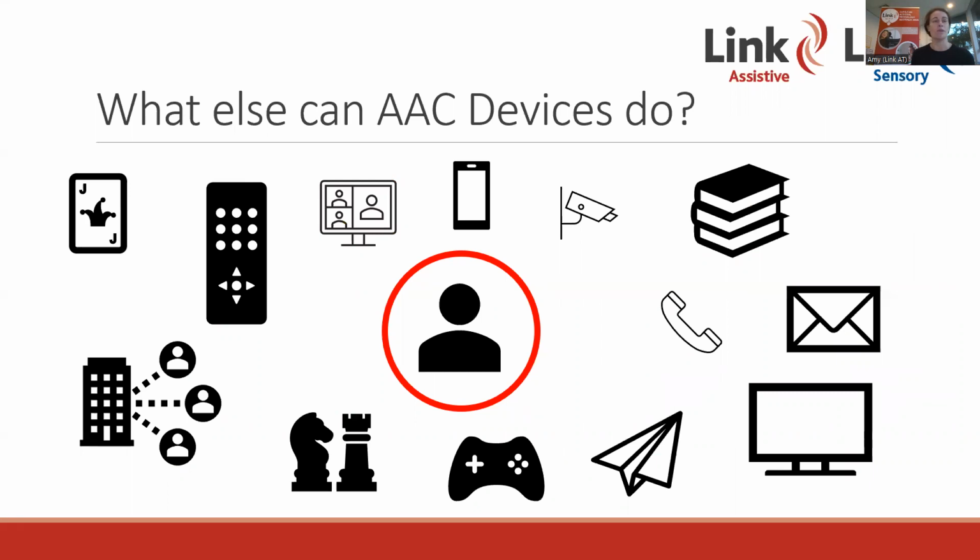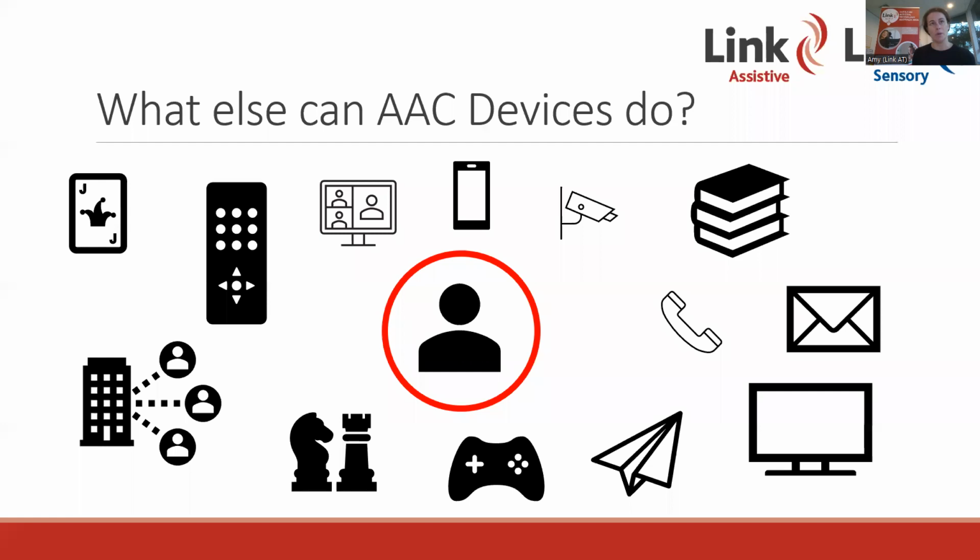So that might be your TV remote, security cameras, call systems. We are working with people who want to do gaming, for example. Maybe they want to integrate with their mobile phone technology because they're needing to use an alternative access method, eye gaze, touch, head mouse, switch access. So maybe we're looking for that integration into the communication device.